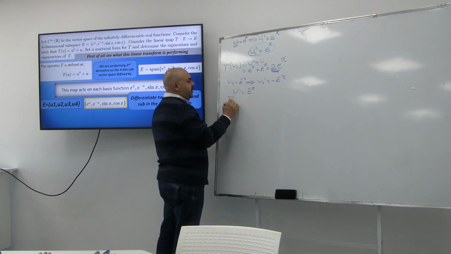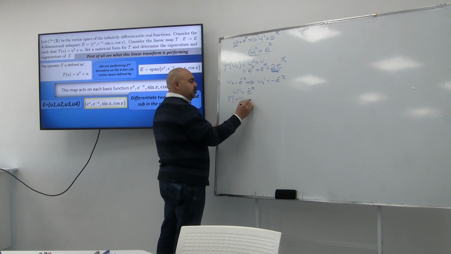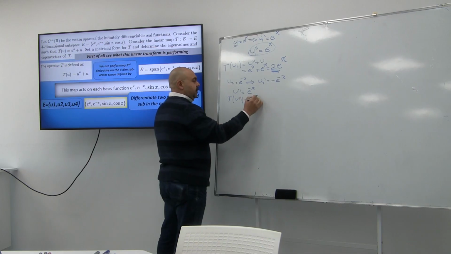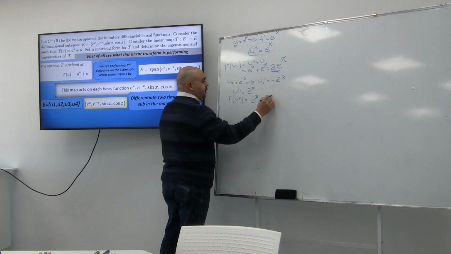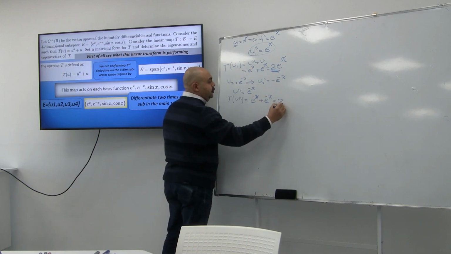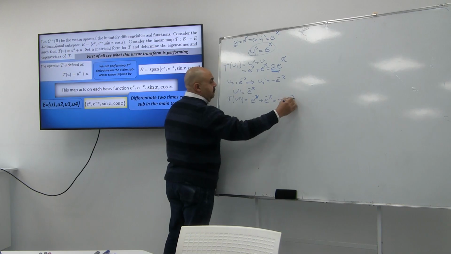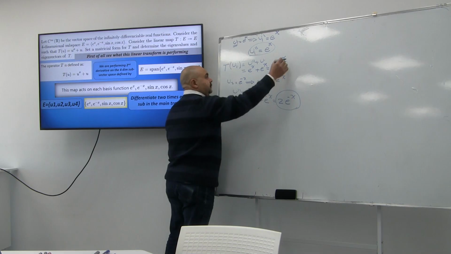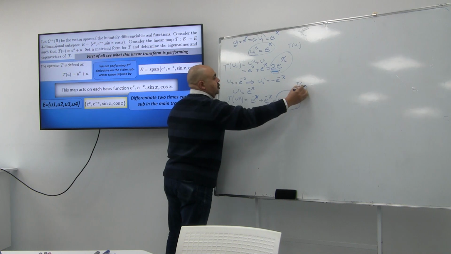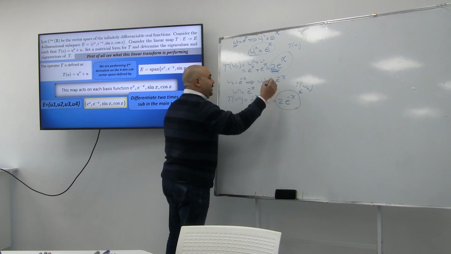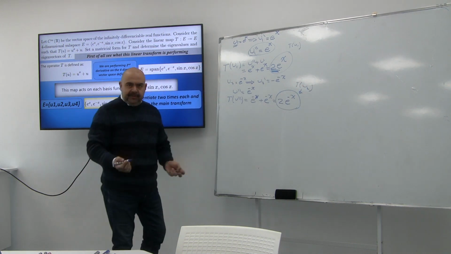So getting the linear transform, u double dash equals e to the power negative x, plus the main function u, once more e to the power negative x. And this will leave you with 2e to the power negative x. So this is the image, the T of u1. This is the T of u2, and similar for u3.